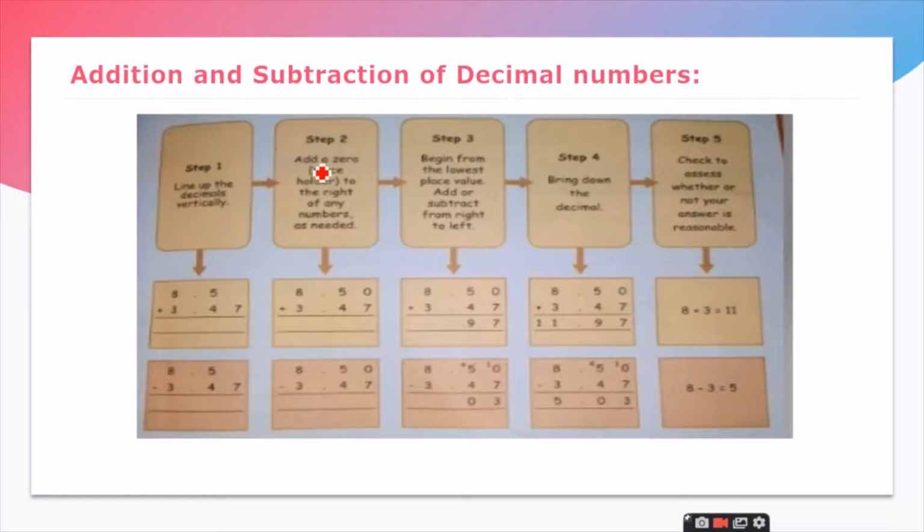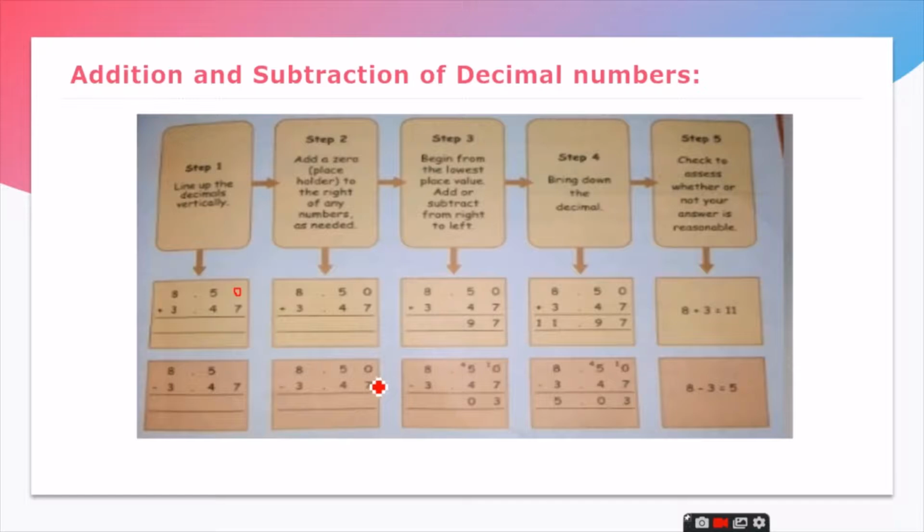Now step number 2 is: add a 0 placeholder to the right of any number as needed. Here we need a 0, so in the second step we just add 0 where it is needed to make it like decimal. Now 8.50 and 3.47 are like decimals.